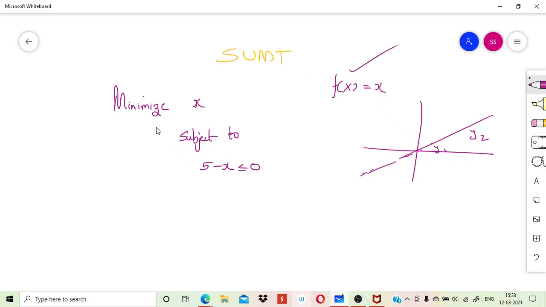Now the constraints must also be convex functions, then only it will be a convex programming problem. So the constraint is 5 minus x less than or equal to 0. That means x greater than or equal to 5, right? Or x equal to 5, you can say.